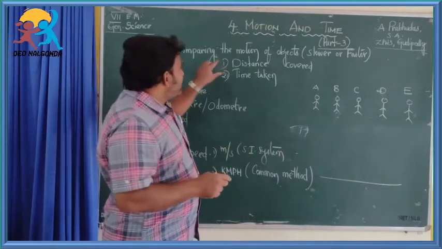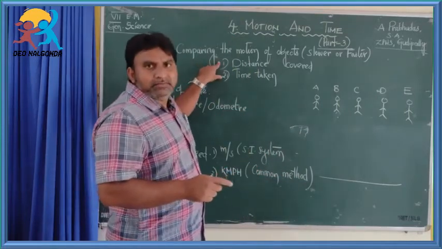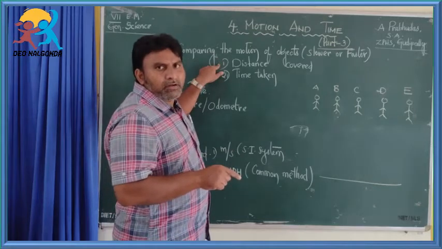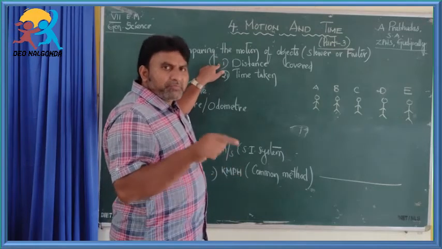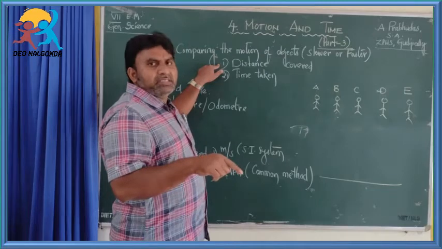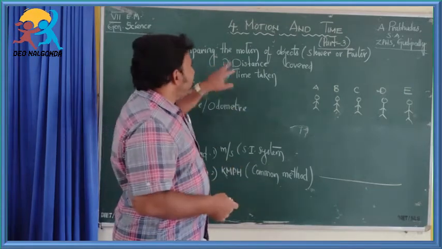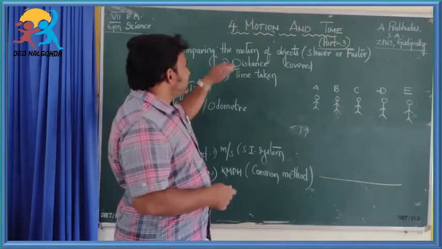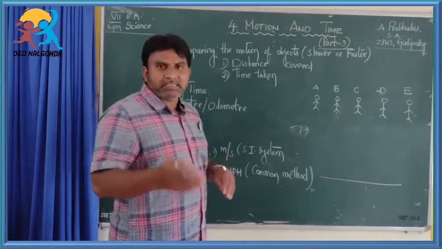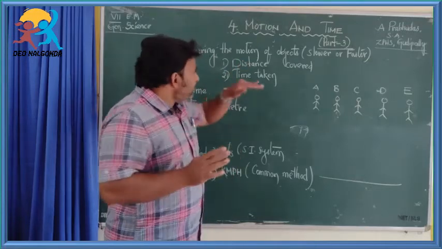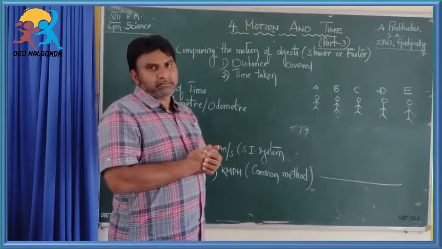So to compare which object is moving faster or which object is moving slower, we need two quantities. One is the distance covered and next one is the time taken.